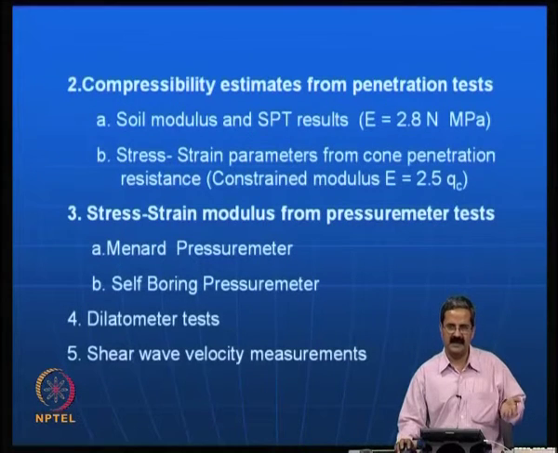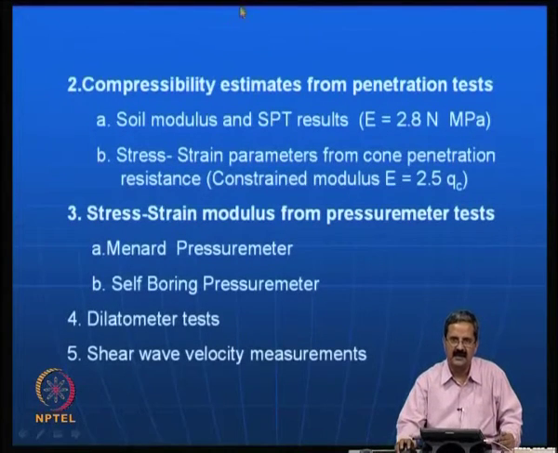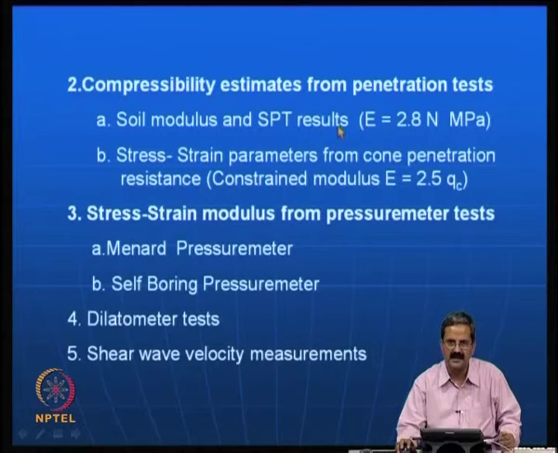Once you do an SPT test or a CPT test, how you use that in analysis and design is very important. Suppose you have an SPT test, you can say that Young's modulus is related to the SPT value in this form: E equal to 2.8 N MPa. It is a simple expression, and an SPT of 10 will give you about 28 MPa, which is somewhat poor, but if you have an N of 30, it is quite good.